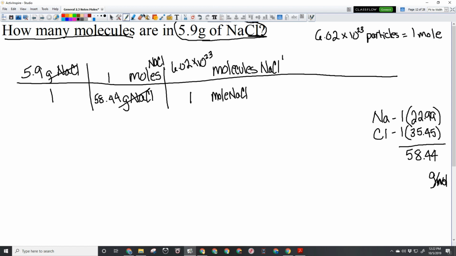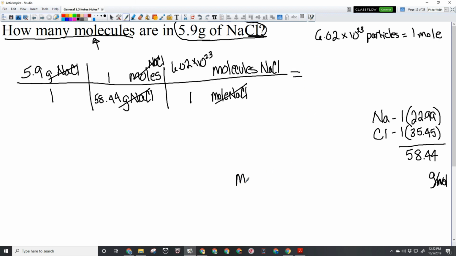We don't need another conversion factor because when we cancel what we can cancel, moles cancels moles, and we see that we're in molecules of NaCl. So I can stop and do the math.